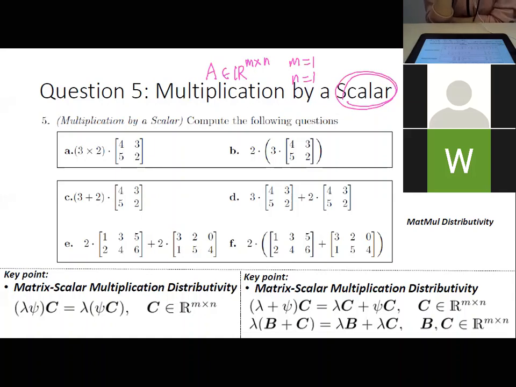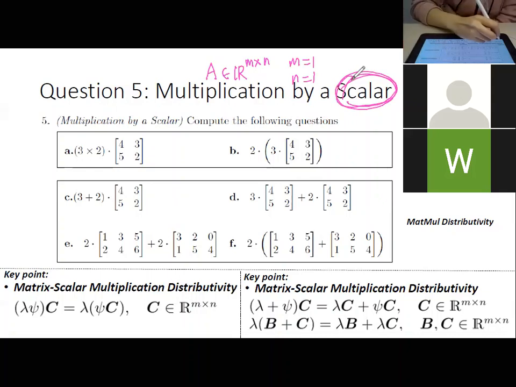So what is satisfied in question 4 is also satisfied in question 5. We only need to change the matrix to a scalar.